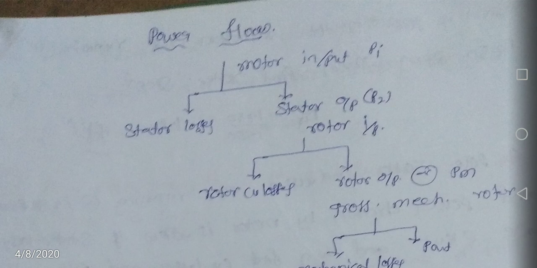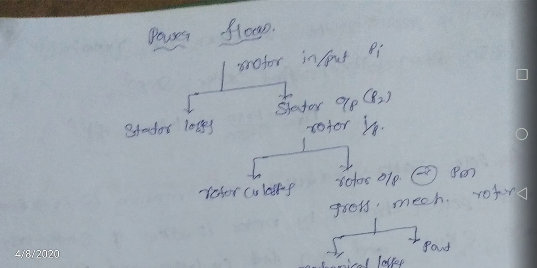The iron loss is the loss which exists in the iron core, that means the stator core, so it is called stator core loss, iron loss or flux loss. These are also called constant losses.